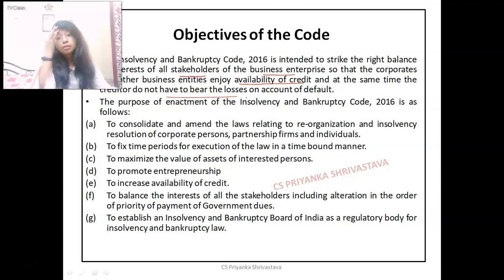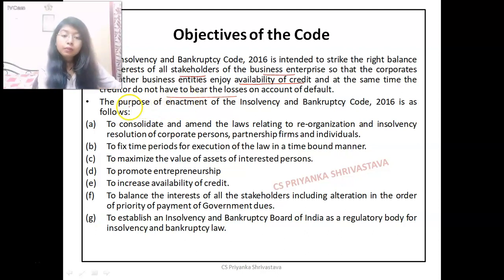So what are the pros and cons for both parties? The company, individual, body corporate, firm, LLP are able to obtain credit because creditors have the surety that they will recover the money at any cost, and the creditor is also protected from the losses they can face if the company defaults.